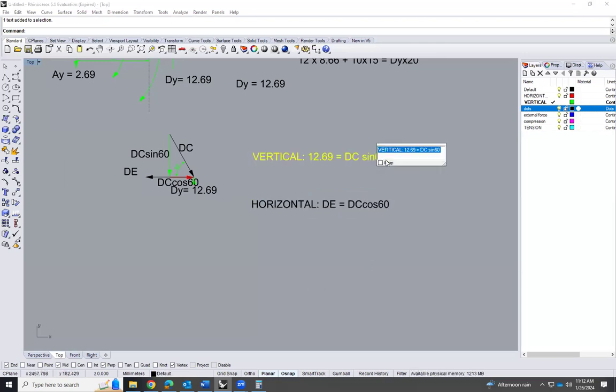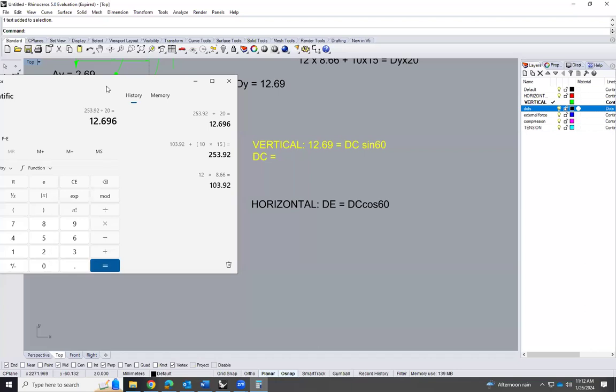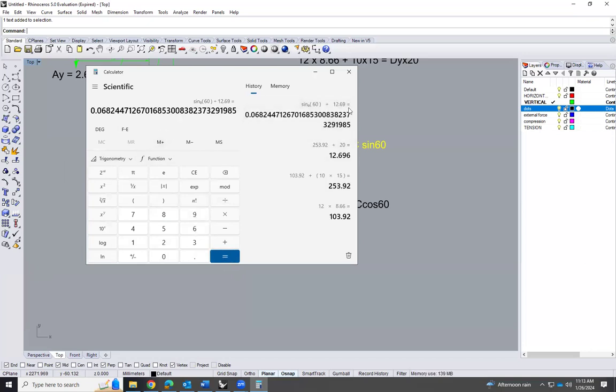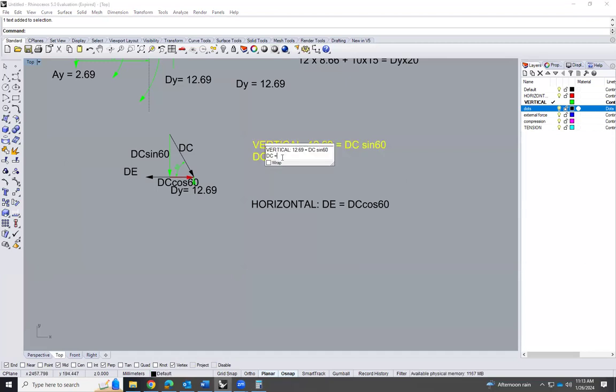Okay, so here we can solve DC equals 12.69 divided by sine 60. Okay, so let's do it. Sine 60 is 0.86.